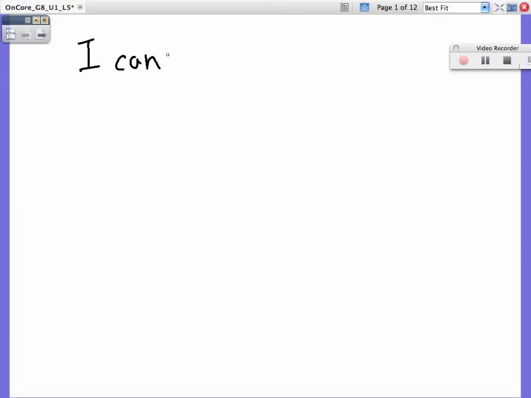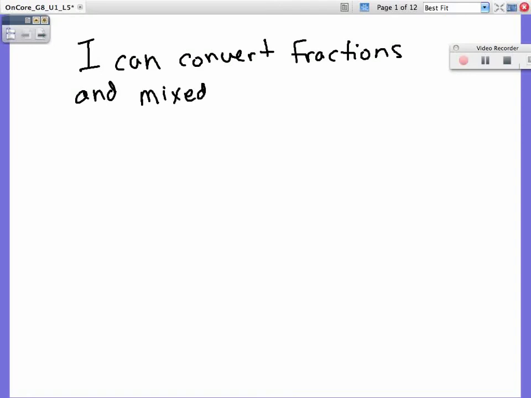I can convert fractions and mixed numbers to decimals. If you want to pause the video now to write that down, that's a good idea. Remember, at any time during this, you guys can pause, rewind, whatever you need.